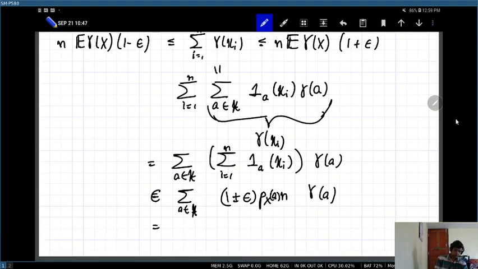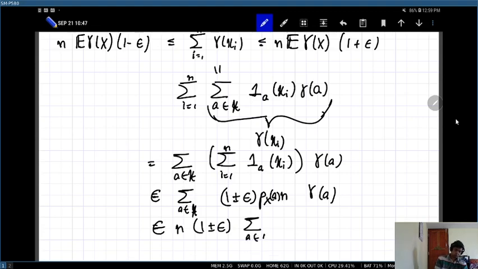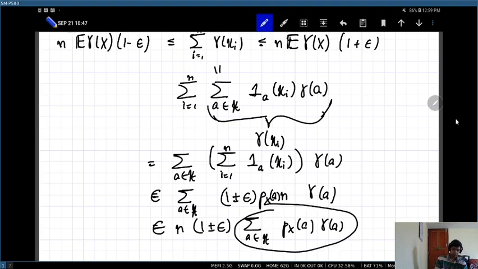So if I take this outside, right, it is in the range 1 plus or minus epsilon of n times the sum over a in X of px of a times gamma of a, but this quantity is simply the expected value of gamma.